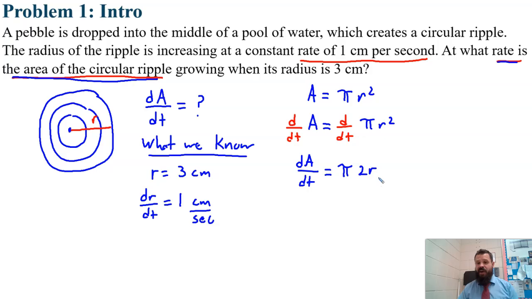And then since I am finding the derivative in terms of t, not in terms of r, what I will need to do is use my chain rule in the form of implicit differentiation. I'd have to multiply it by dr over dt, because again, we're finding the derivative with respect to t, not r.